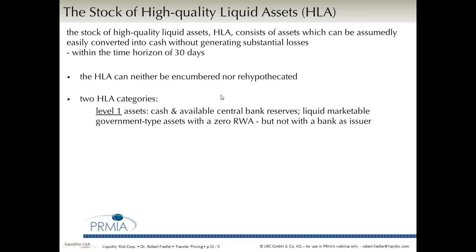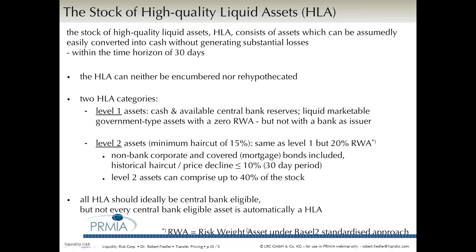We have two categories, the better ones, level 1, with a 0 risk weight, not with the bank as an issuer, and level 2 with a risk weight of 20%, but then you need a minimum haircut, and you need to make sure that the level 2 assets do not comprise more than 40% of the total stock. Level 1 should be central bank eligible, but not every central bank eligible asset is automatically level 1.